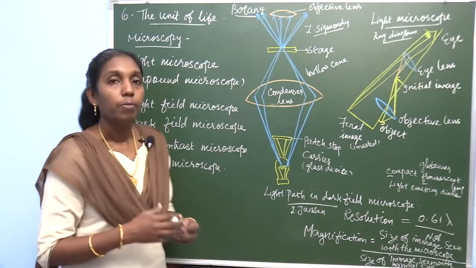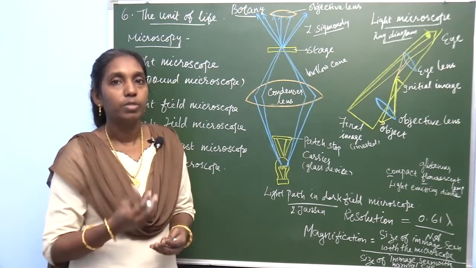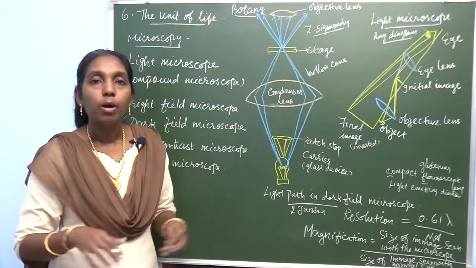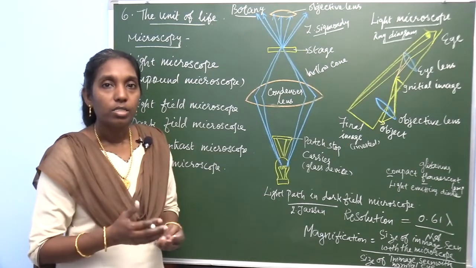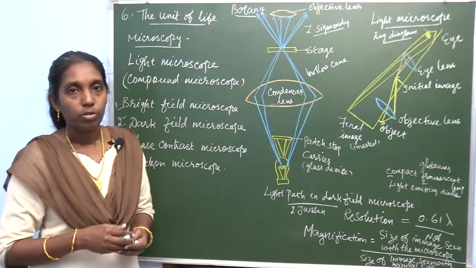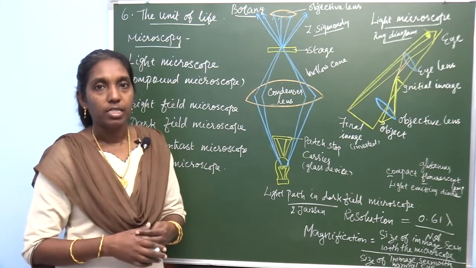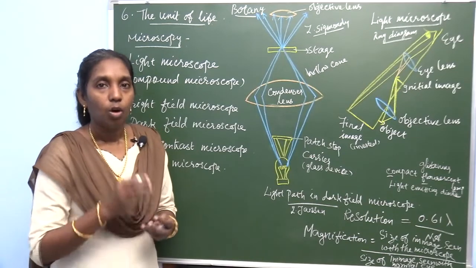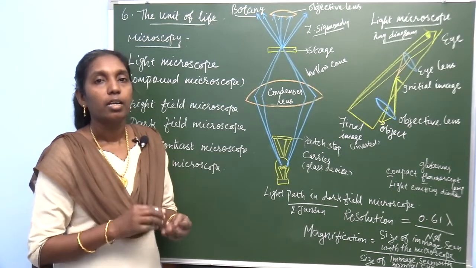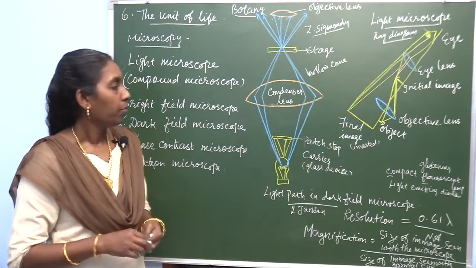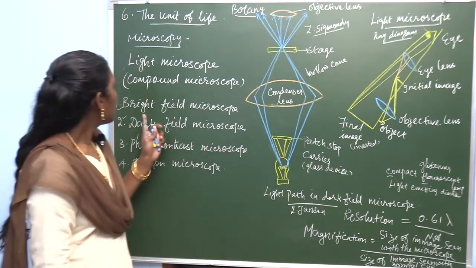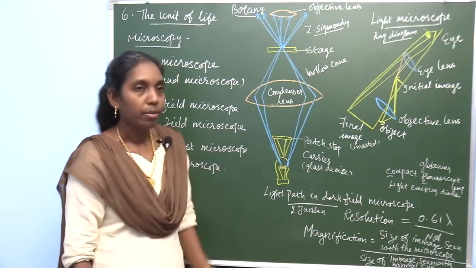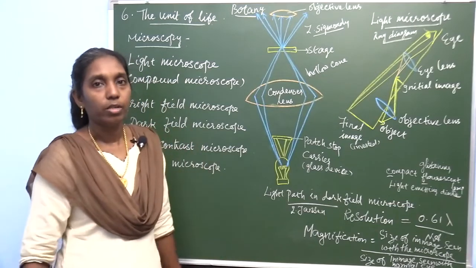You may see how we can mount the slide and how it is focused on the microscope. You may have experience of focusing objects on the slide and observing them. Let's see this bright field microscope or light microscope, which is the common microscope.